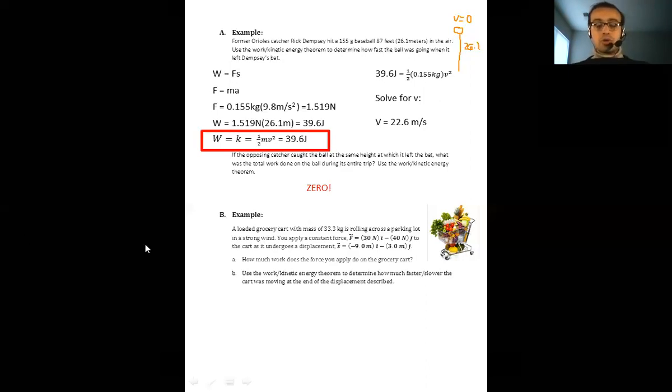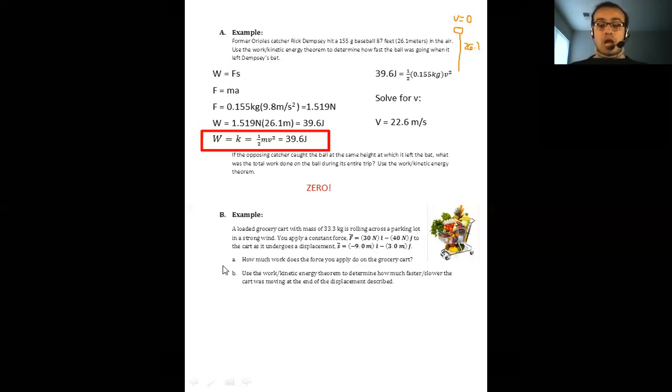We have a loaded grocery cart with a mass of 33.3 kilograms rolling across a parking lot in a strong wind. You apply a constant force, and the force vector is given as 30 newtons times I cap minus 40 newtons times J cap, as the cart is undergoing a displacement of negative 9.0 meters times I cap minus 3.0 meters times J cap.